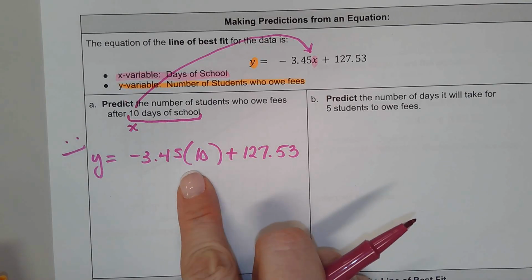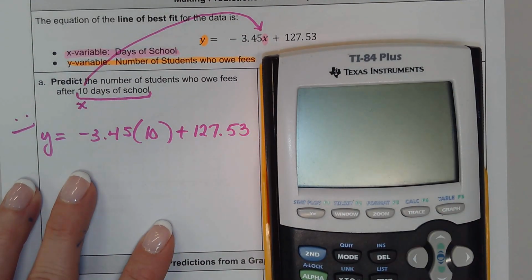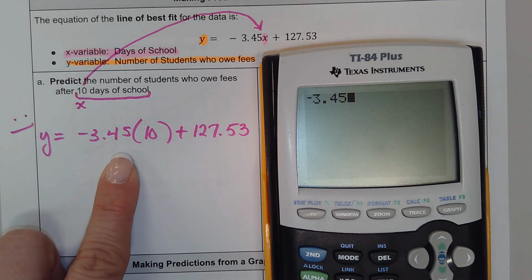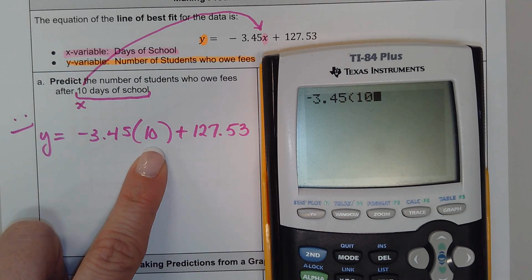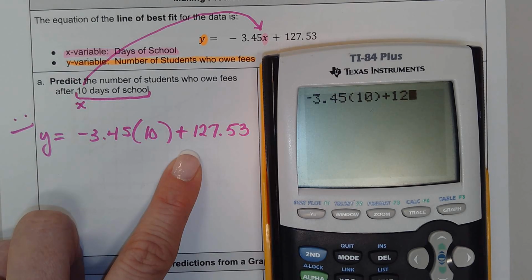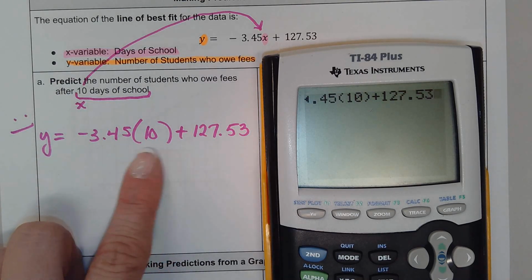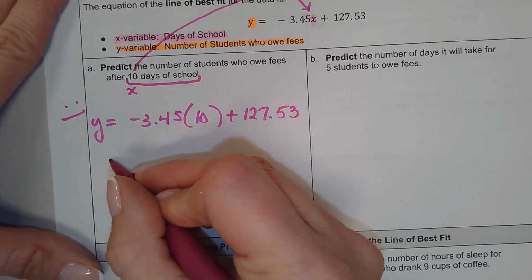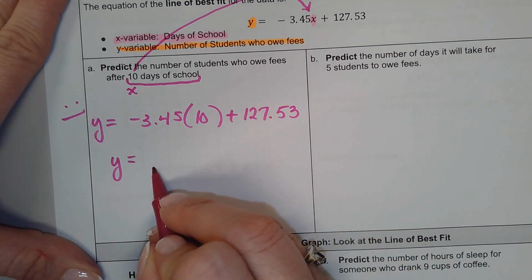Okay, when you have the input, you're going to type it in. So let's just type this in our calculator here. Times 10 plus 127.53. Okay, please type that in, and let's see what you get. Y equals.